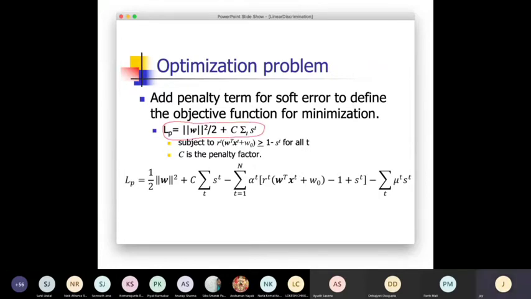Can you tell me? With respect to which variables are you going to minimize this function?